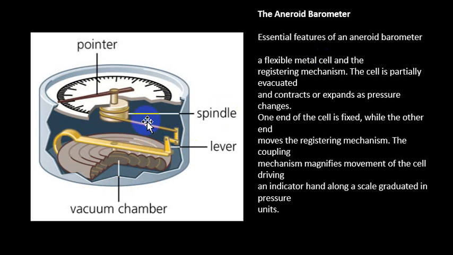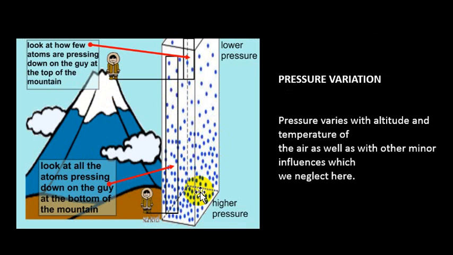All right, pressure exerts itself, and this is partially evacuated, which means we put a little bit of vacuum pressure in there, so it can flex against the different atmospheric pressure changes. I'm just going to jump ahead: as we descend, the higher pressure, or when we climb, the lower pressure is going to exert itself.